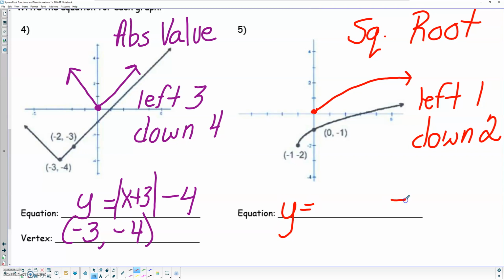Okay, so to shift down 2, we're going to subtract 2 at the end. And then to shift left 1, we add 1 inside the function's argument. So that plus 1 has to go underneath the radical symbol. Okay, the -2 gets left at the end.